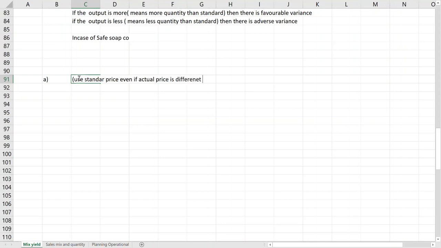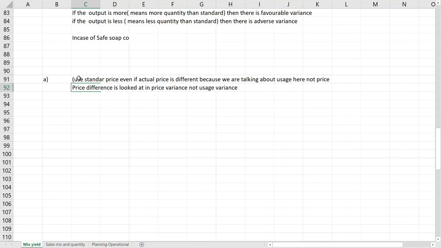The reason is because we are talking about what? Usage here, not price. Price variance, price difference is looked at in price variance, not usage variance.